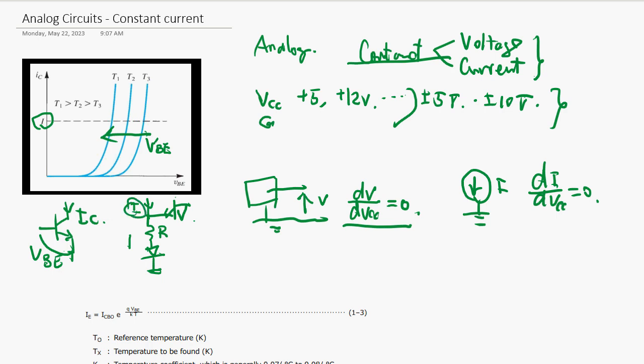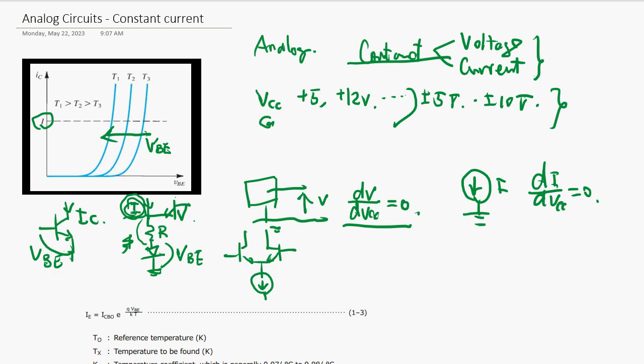In the previous digital circuit, we introduced emitter coupled logic, which has a constant current like that. But this cannot be constant against temperature, because when temperature goes up, this VBE gets smaller. Then the voltage across the resistor increases slightly, and the current increases. So this cannot be a constant current against temperature.